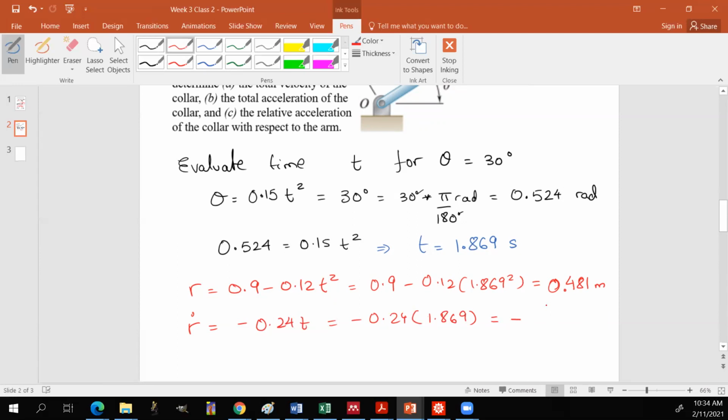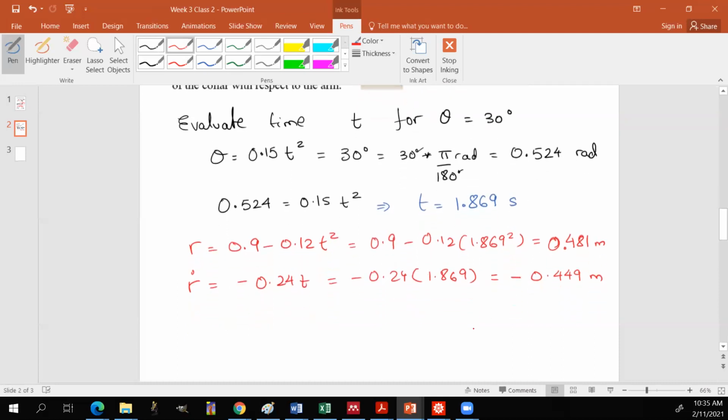Negative 0.449. And then r double dot is just equal to minus 0.24, right? The time goes away. And the units of this are just meters per second squared. Oh, r dot units are not meters, guys. It's meters per second, like that.